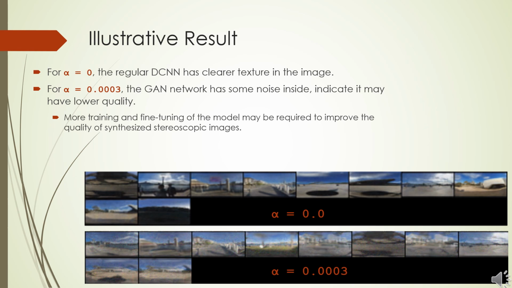The top row is clearly more clear than the GAN. So we think that the GAN may need some more training or more fine-tuning or a little bit of change in the model architecture in order to improve the quality of the synthesized image. And again, theoretically, the GAN model should have higher output image quality due to the ability of the model to learn the underlying data distribution.